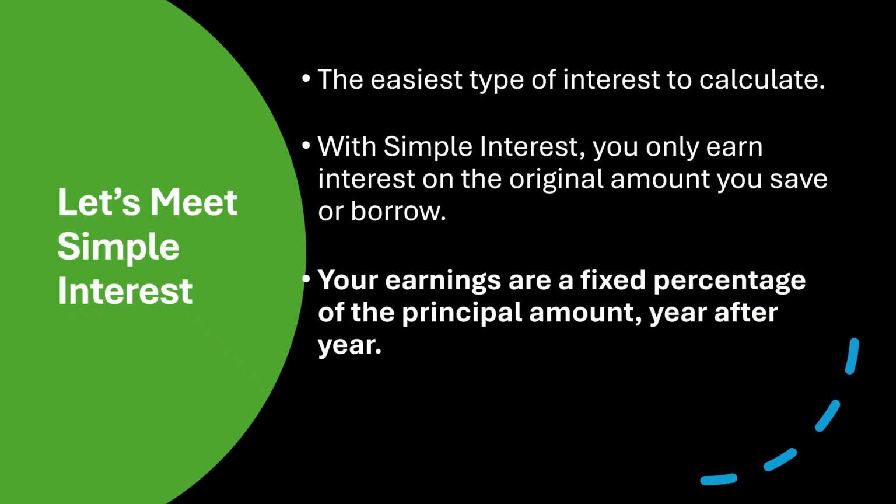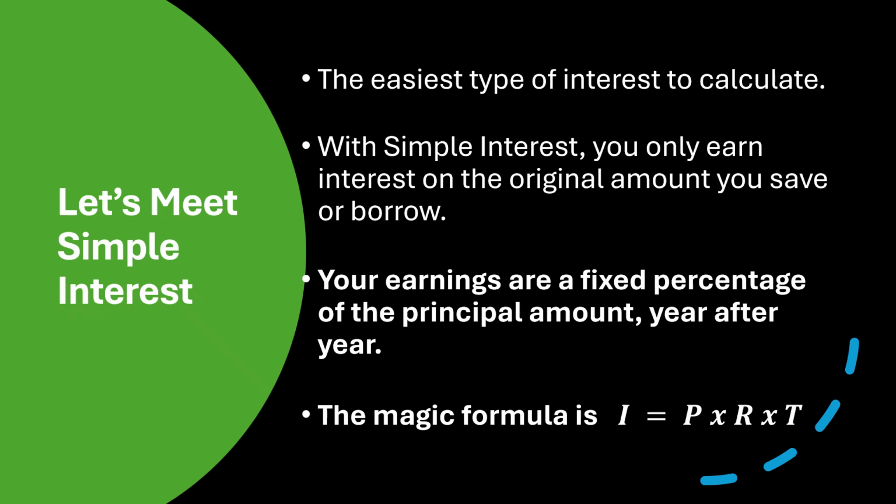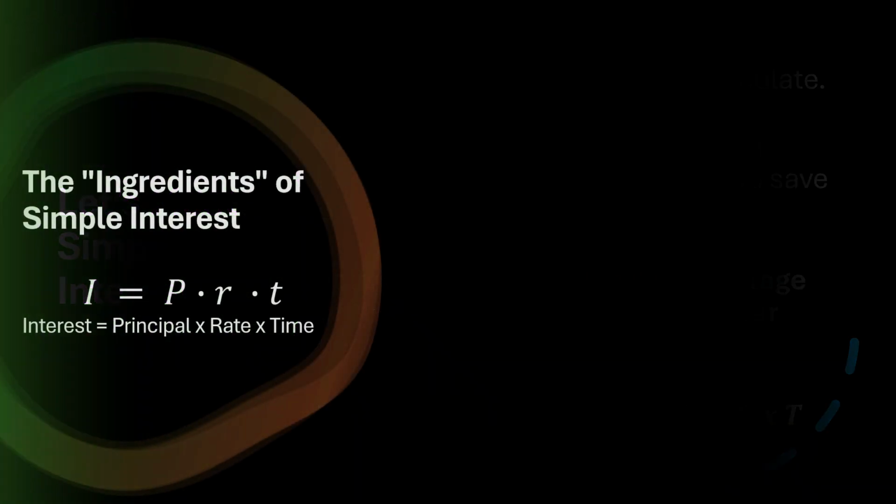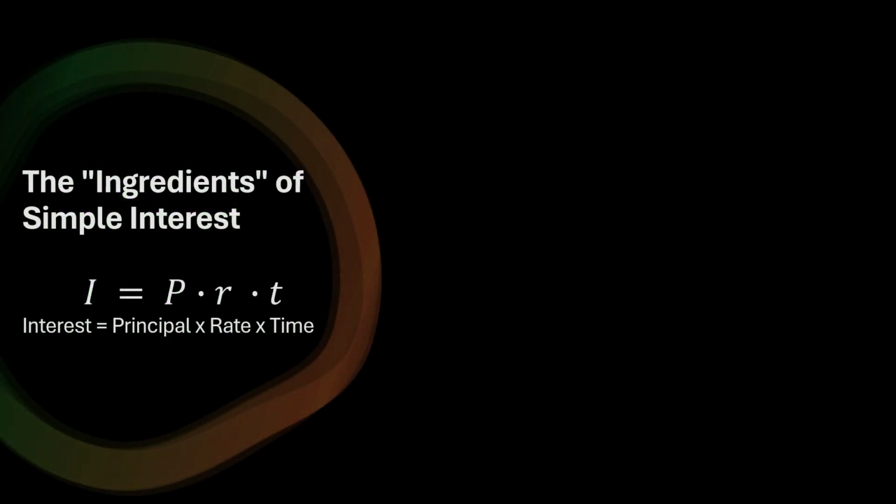And we will be using this magic formula. I, or the interest, equals the principal times the rate times time. These are the ingredients of simple interest. I is equal to PRT, or interest equals the principal times the rate times the time.